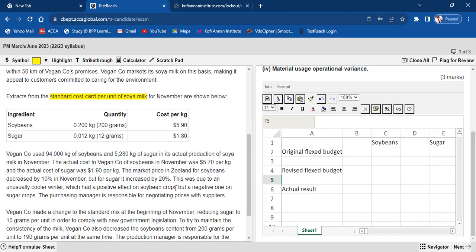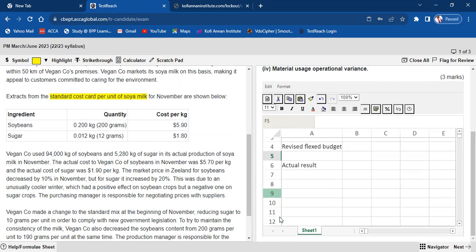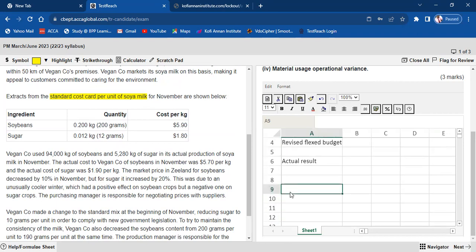To produce a unit of soya milk, let me put down some structure here. Original budget. For price. And then for quantity.